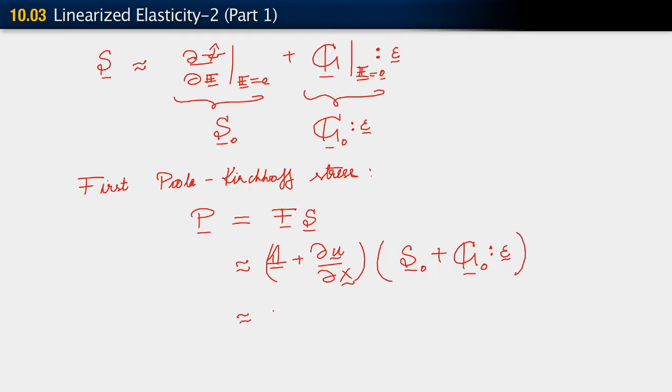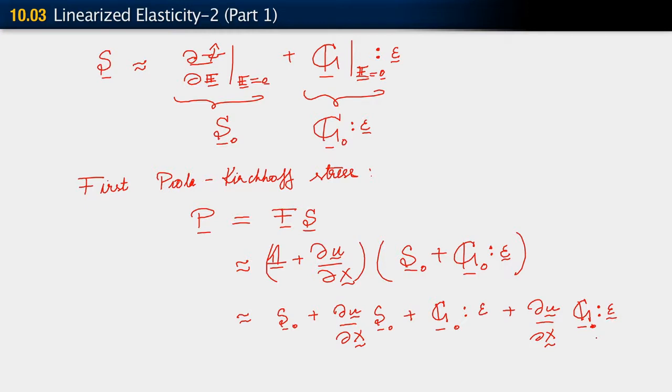So properly this thing, when written out, takes on the form S naught plus partial of u with respect to x acting on S naught plus C naught contracted with epsilon, plus partial of u with respect to x acting on C naught contracted with epsilon.